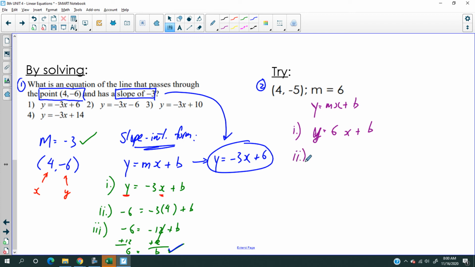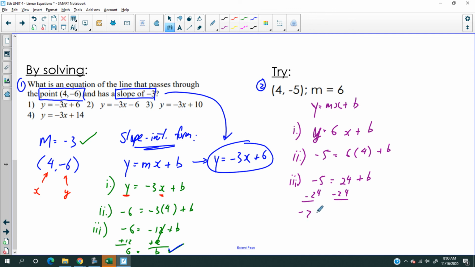Step 2, just replace. Substitute 6 and then 4. Just make sure you get your X and Y coordinate correct in the right spot. That's the only thing I gotta point out. Let's see, so that's -5 equals 6 times 4 is 24 plus B, minus 24.